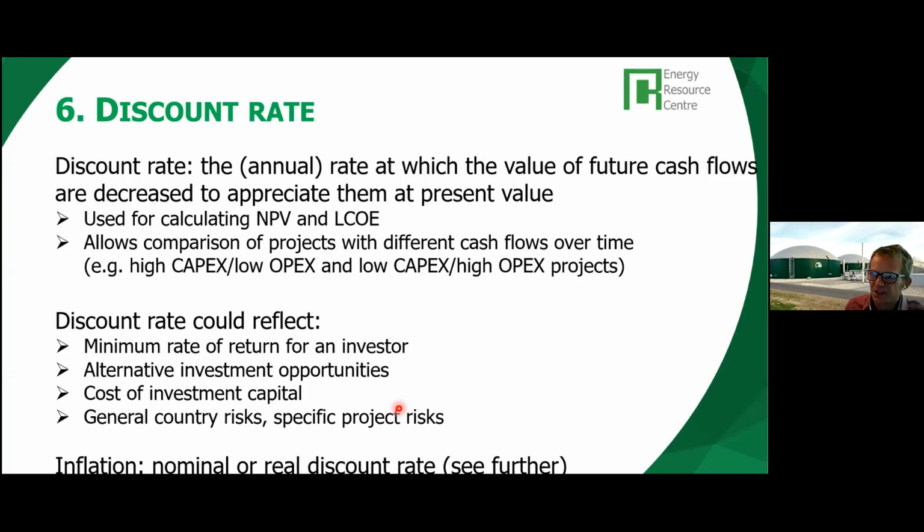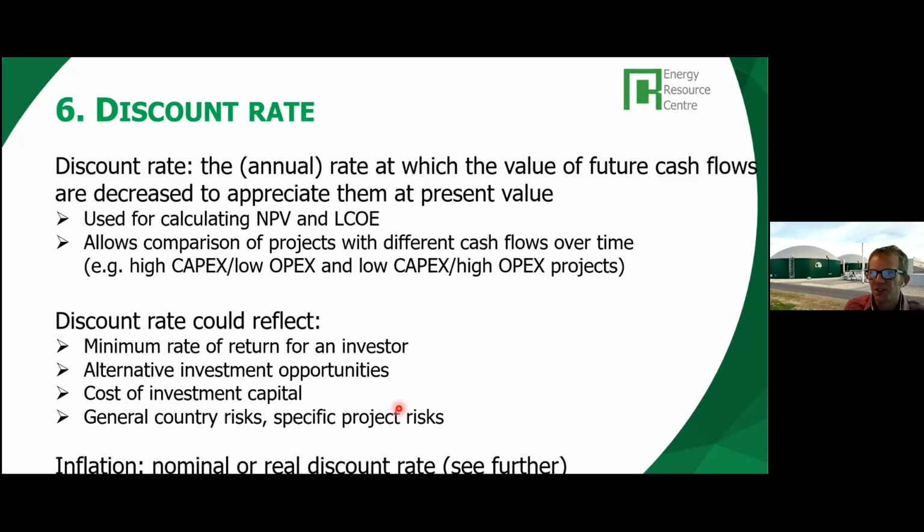On the one hand, from the point of view of an investor that puts in equity and capital in a project, and wants to have a certain return on this, any investor will have his own particular minimum rate of return on the money that he puts in a project. That would be a sort of a bottom, what they could call a hurdle rate for an investor.